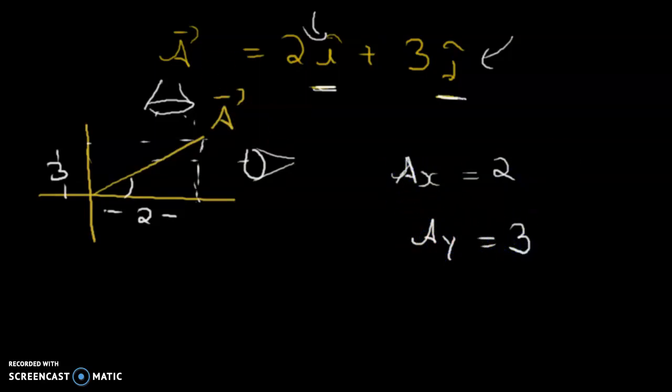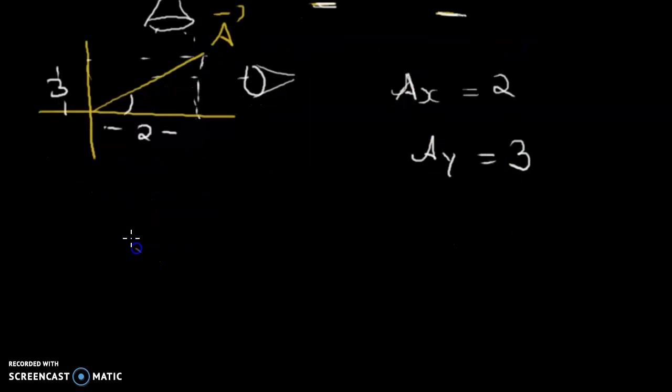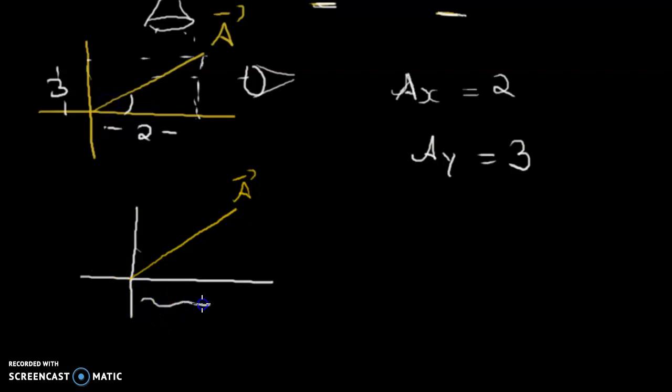Now if I'm talking about the magnitude of the vector, that means the length of the vector. Say this was the vector a. If the horizontal component is 2 and the vertical component is 3, can you find the length of the hypotenuse? Easily. This is a right angle triangle, you can drop a perpendicular. After drawing the perpendicular, the length of the base is 2 and the height is 3.